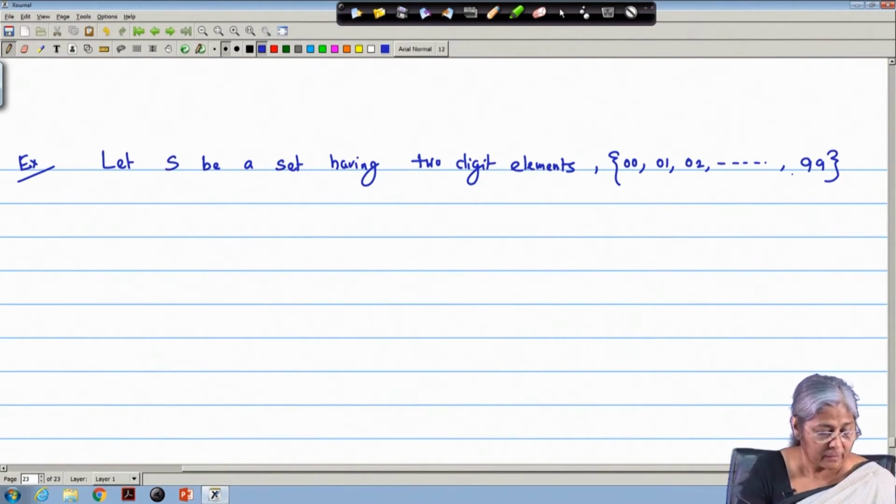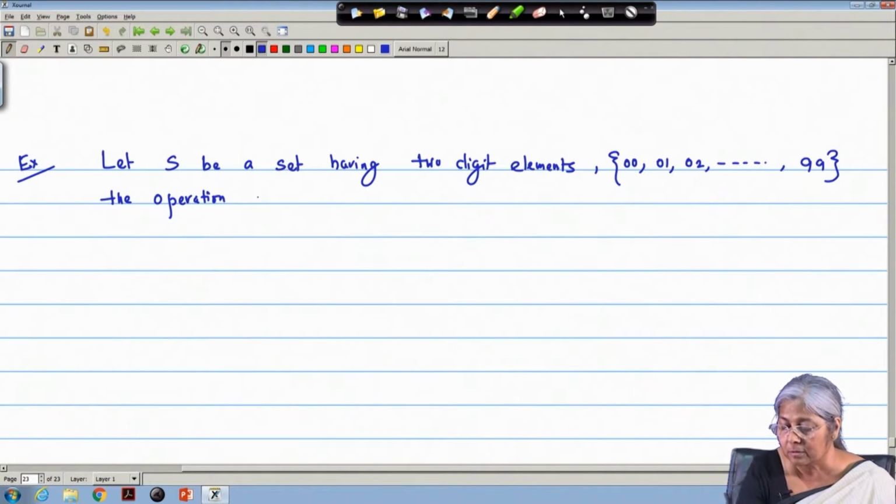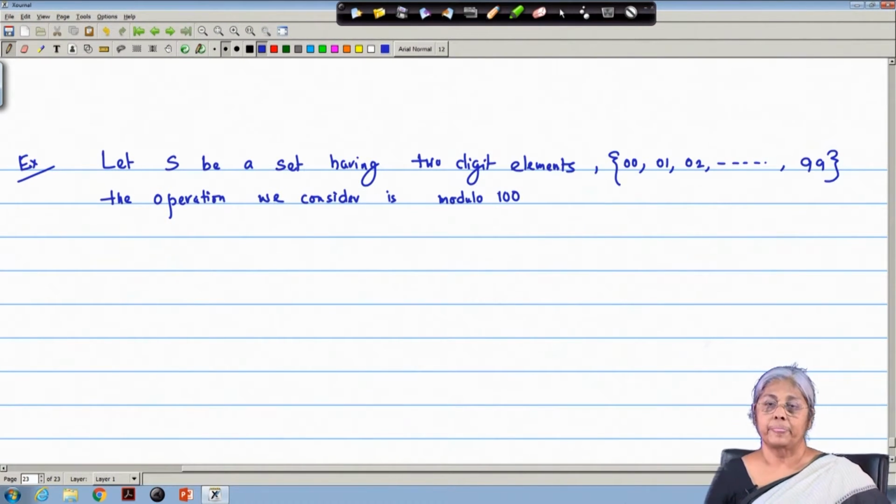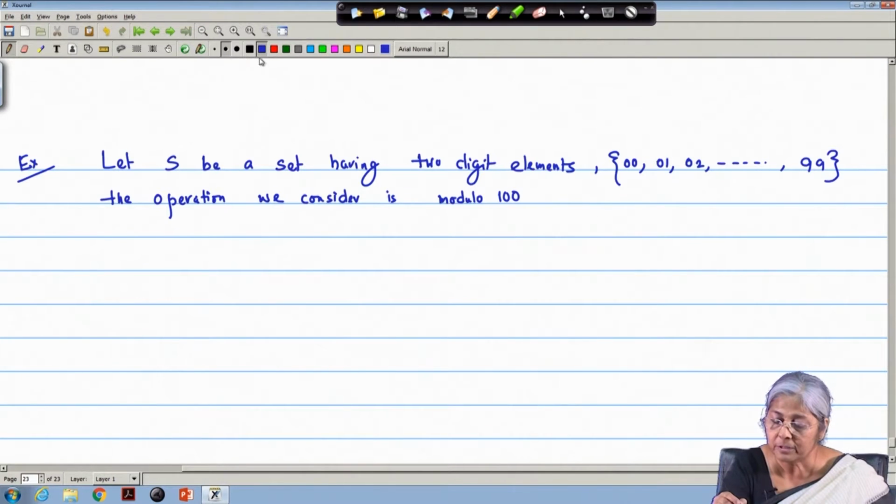Now, the operation we consider is modulo 100. What is this operation?